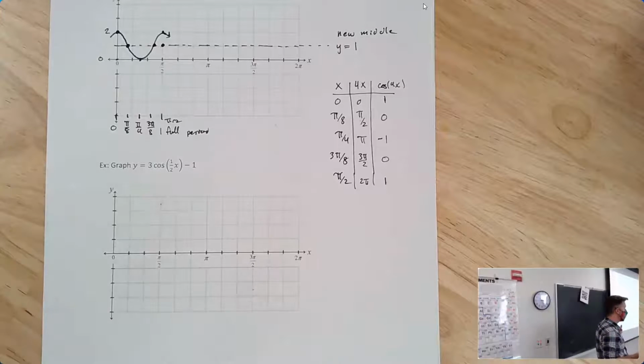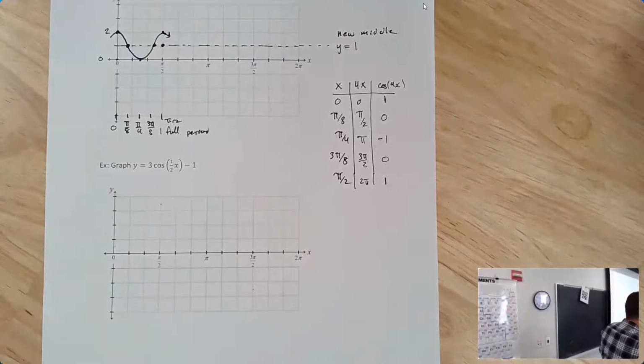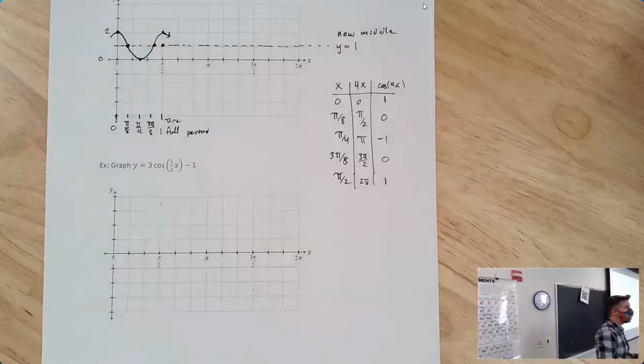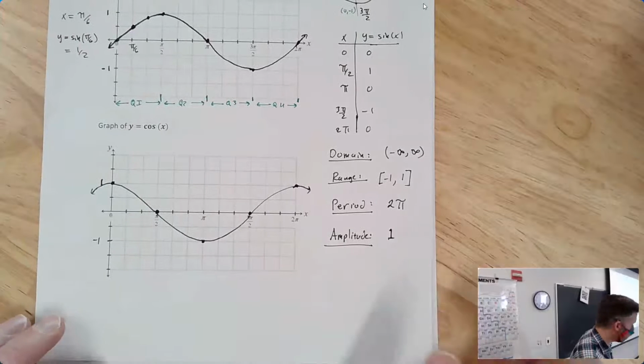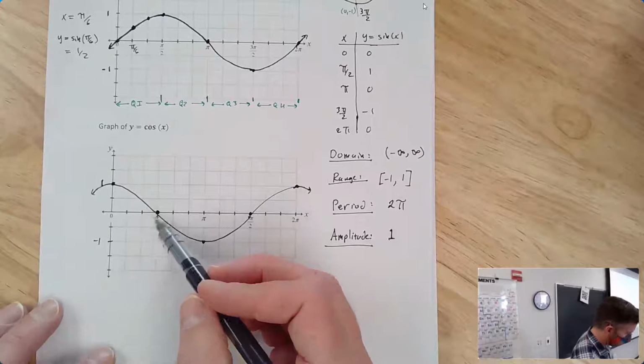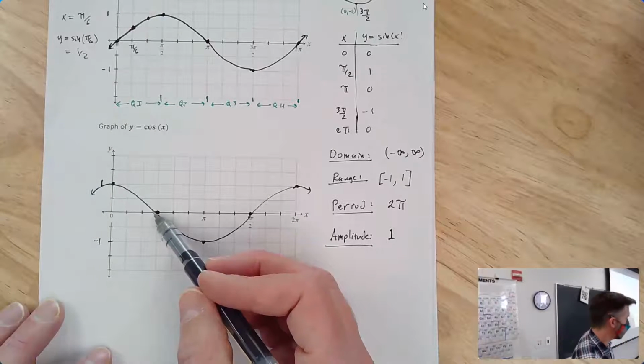We graph things a lot of the time to have an idea of what it looks like, because what this graph is representing for us is every possible input and output combination. We know sine of pi over 6 is 1/2, or sine of 2 pi over 3 is positive root 3 over 2. But there are literally an infinite number of inputs you could put into the sine function and get out values. This graph, the first one, is telling us, I don't know exactly what everything is, but I could look at it and say, if I plug in something a little less than pi over 2, it's a little bigger than 0.